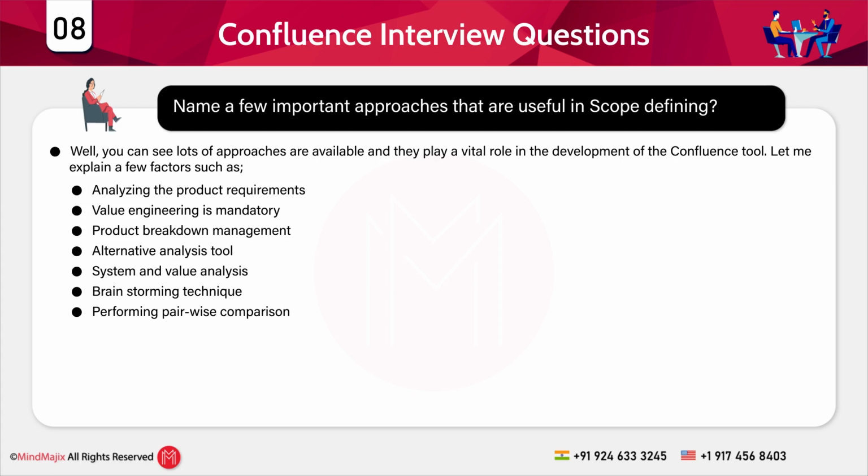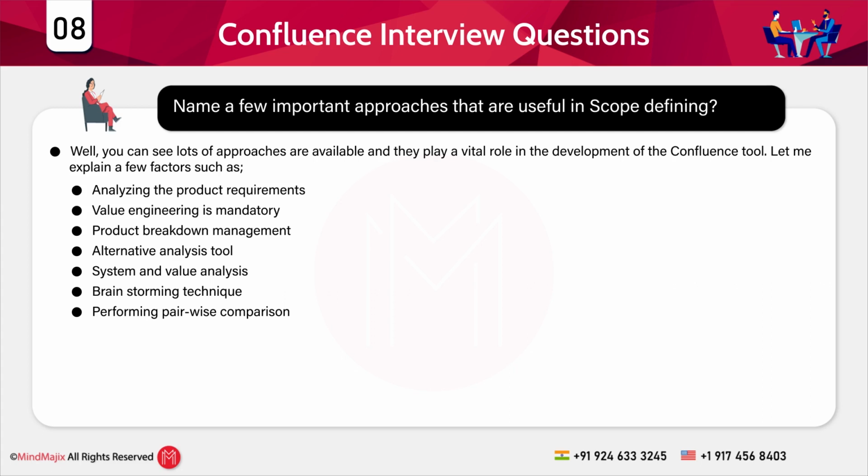The first is analyzing the product requirement. That is gathering the product requirement, talking to the stakeholder, and then pointing out the points in short forms like user stories. With those user stories, you can create a product backlog.